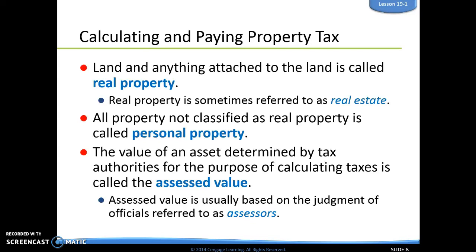The assessed value is the value of an asset determined by tax authorities for the purpose of calculating taxes. For houses, for example, they're going to give you an assessed value, and that's the way that they figure out how much taxes you owe on your house. Assessed value is usually based on the judgment of officials referred to as assessors.